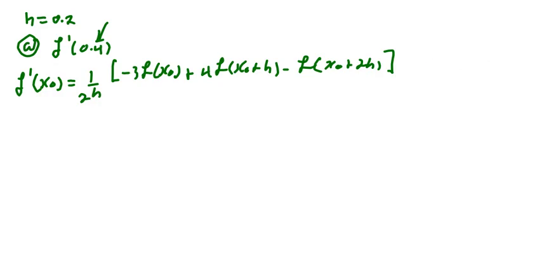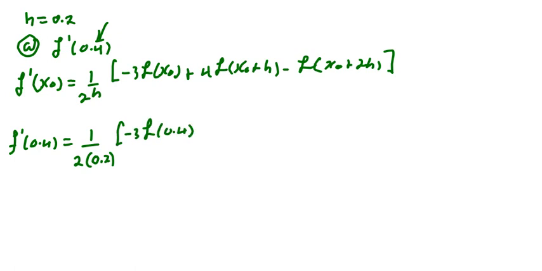What we do here is still the same thing that we did in the previous one. You're going to have your f prime of 0.4 equals 1 over 2 open bracket, your h is still 0.2 as we already have it, so it will be minus 3 f of 0.4, that's our x naught, plus 4 f of 0.6.